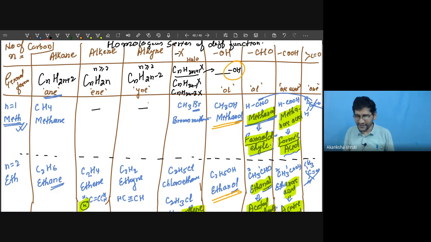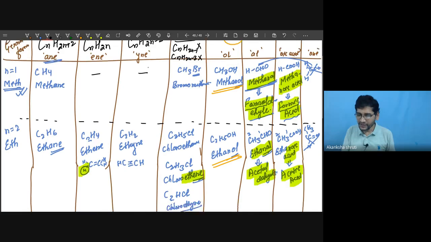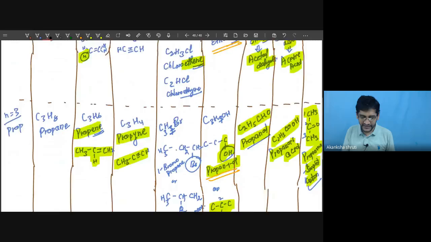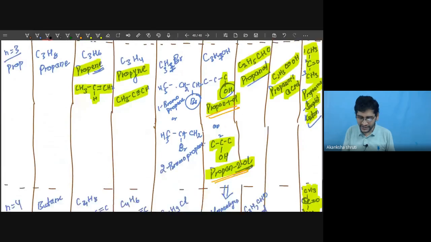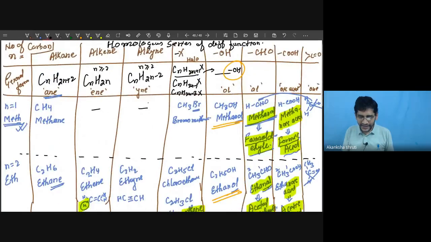Here, the purpose was to make you learn the most common names which are asked in examination, the common molecules and their structures which are asked in examination, and what the homologous series is, what we mean by that. Everything I have written, so this is very important. Please practice and understand this. Next step, we will define what is homologous series.